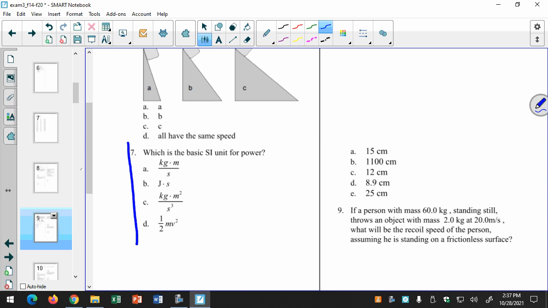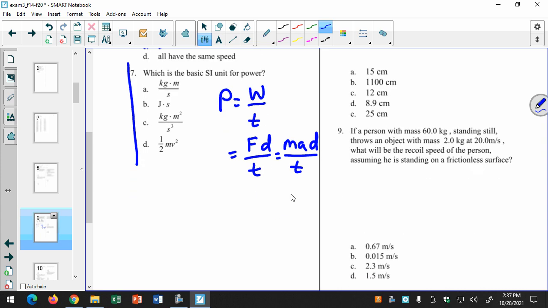You'll likely see something like this on your exam, maybe on your quiz. Power is work over time. That's force times distance divided by time. That's more detailed, mass times acceleration times distance over time. So then that would be kilograms, meters per second squared, meters, 1 over seconds. These are the basic SI units.